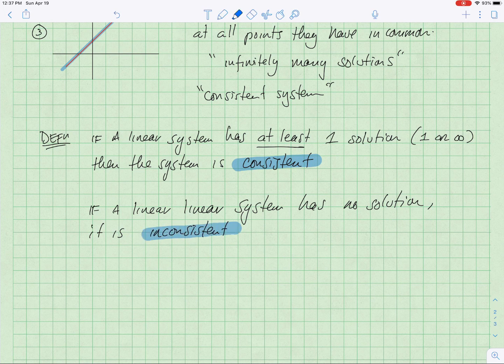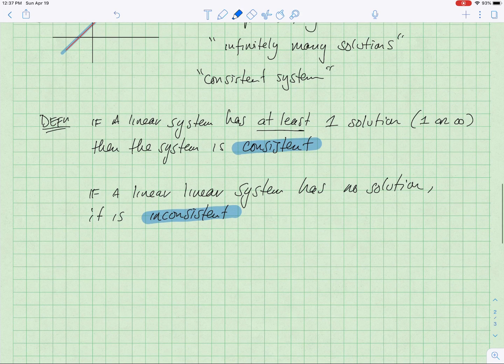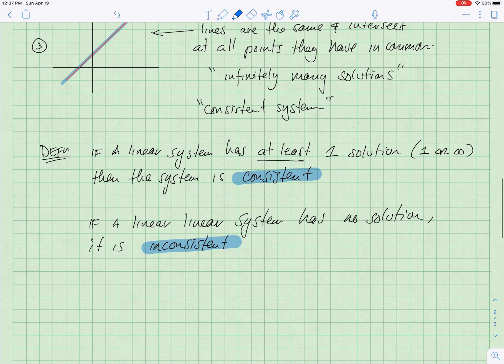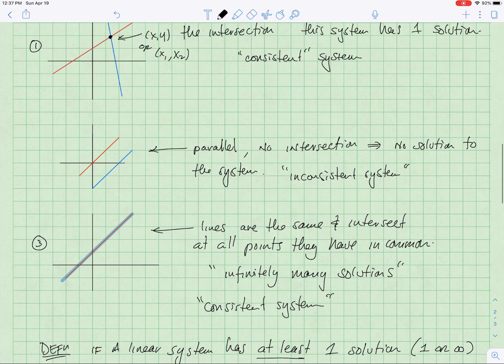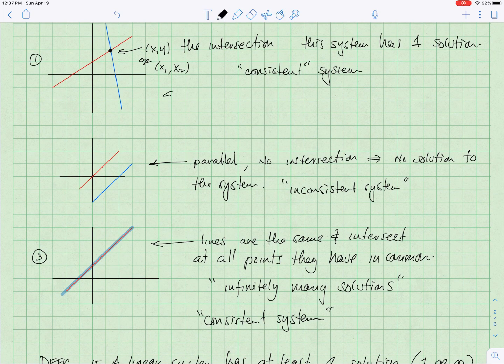So, what will that look like, right? That's something we're going to see a little bit more in the next section. But for those of you that have a keen eye for this kind of thing, 5x minus 2y is equal to 2, and negative x plus 2y is equal to 6. That is a consistent system.